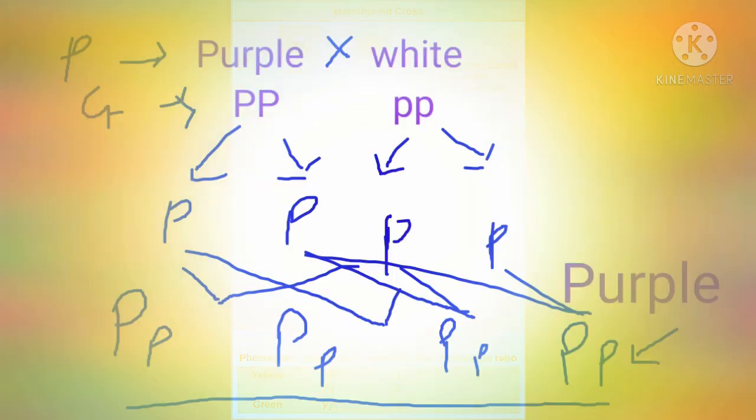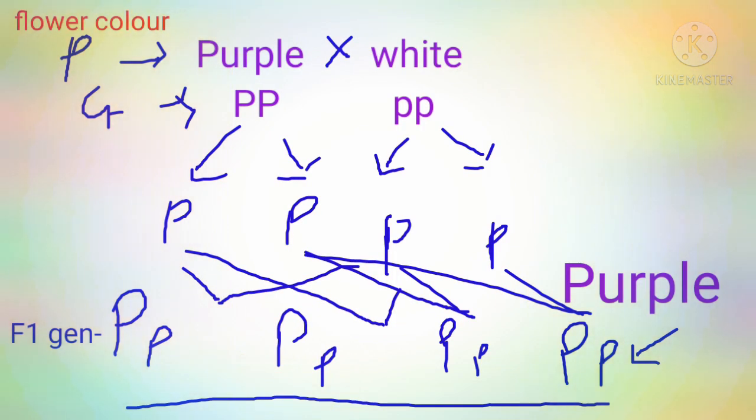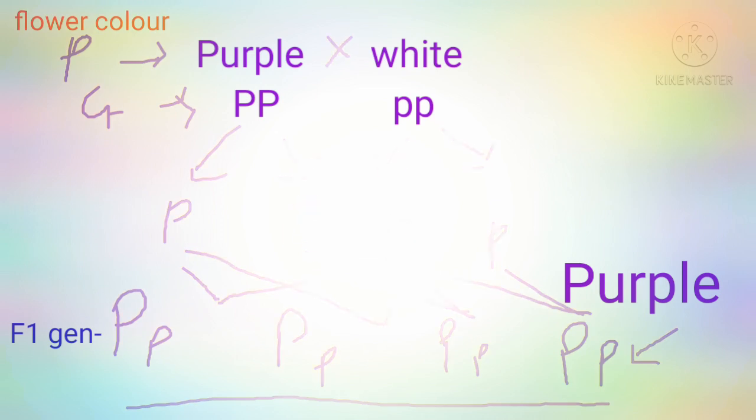Now see another example, flower color. Purple and white flowers are there. Purple is capital PP, white is small pp. Gametes will be formed, capital P and small p. In the F1 generation all plants were purple, that is heterozygous, capital P small p.